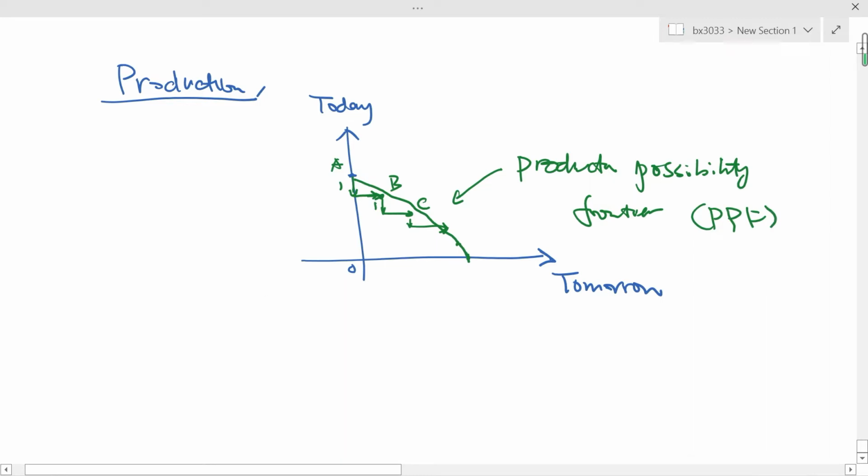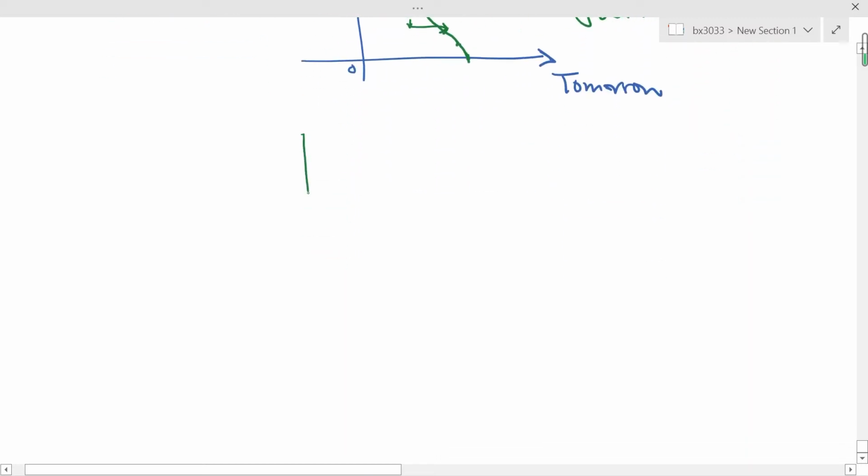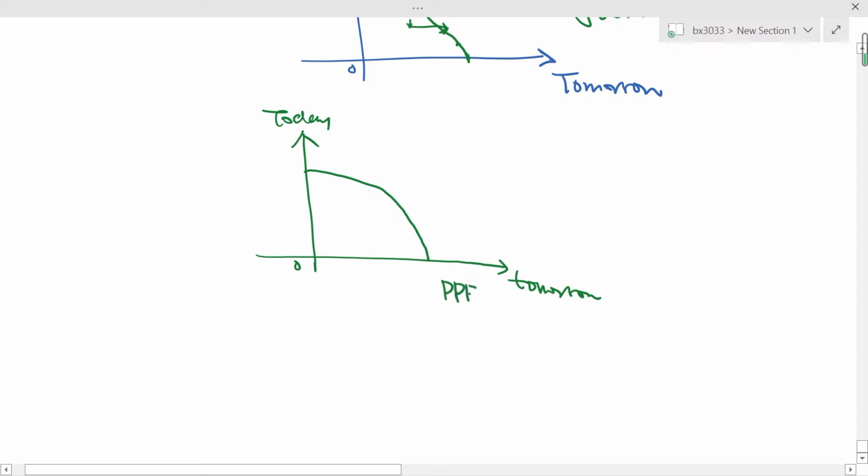Okay, let me redraw the diagram. Suppose this is the PPF, and at the moment we are at point A, which means we're going to produce this many units of goods and services for today, this many for tomorrow.